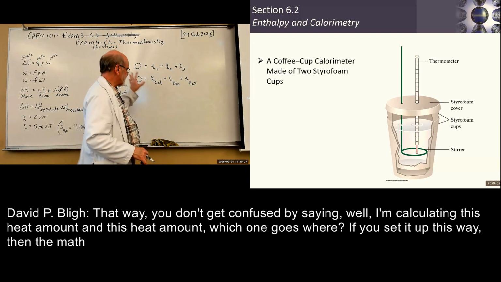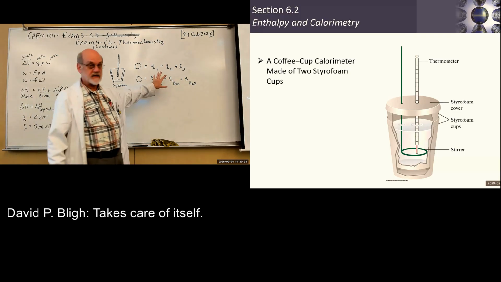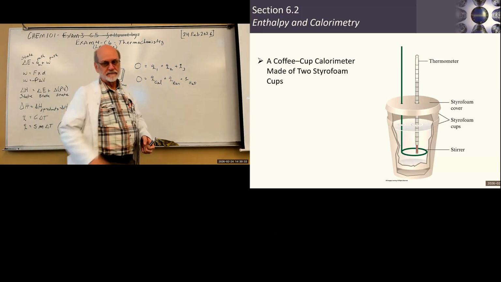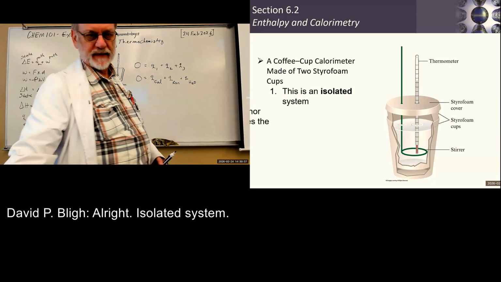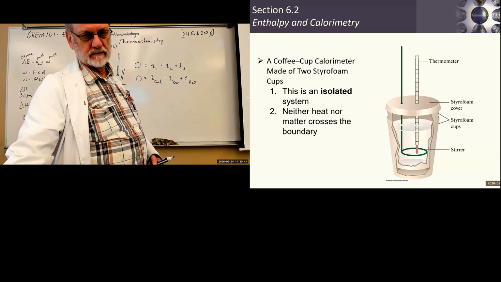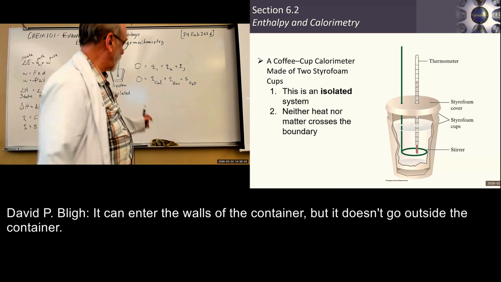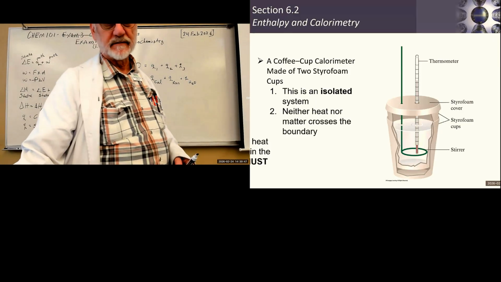If you set it up this way, then the math takes care of itself. Isolated system. Heat can't transfer. It can enter the walls of the container, but it doesn't go outside the container.